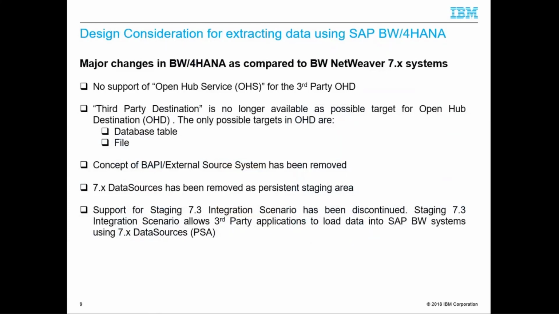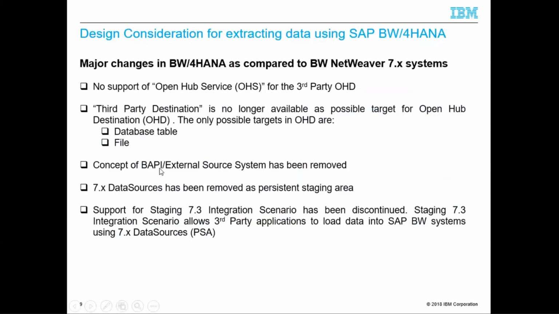First of all, support for the third-party Open Hub destination is removed from SAP BW for HANA. So this is impacting us. There is no concept of a third-party application as of now in BW for HANA. The only possible targets in an Open Hub destination you can have are database table and file.